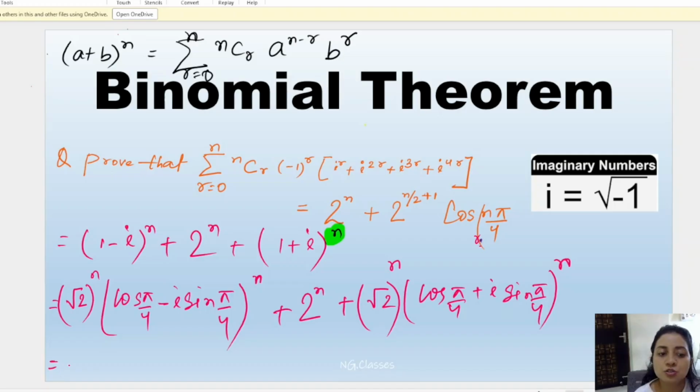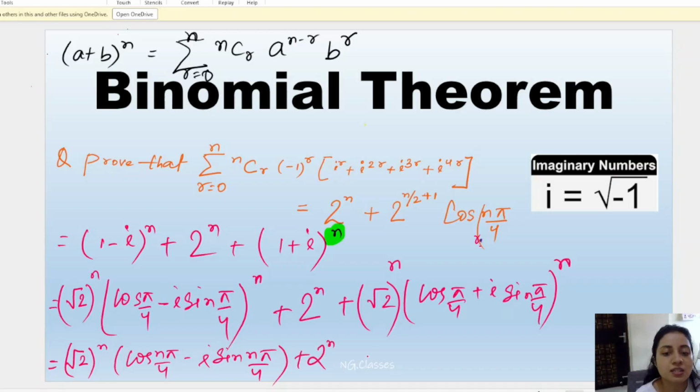Let's use it. So we can write in our expression root 2 to the power n as it is, and cos n pi by 4 minus i sin n pi by 4 by using de Moivre's theorem, plus 2 to the power n, I am copy pasting as it is, plus root 2 to the power n, cos n pi by 4 plus i sin n pi by 4.